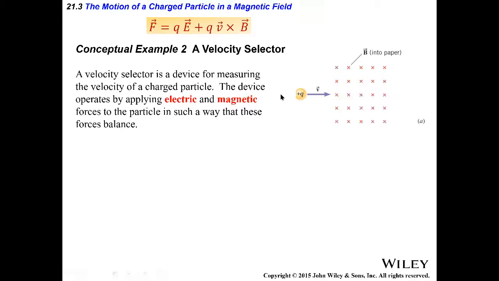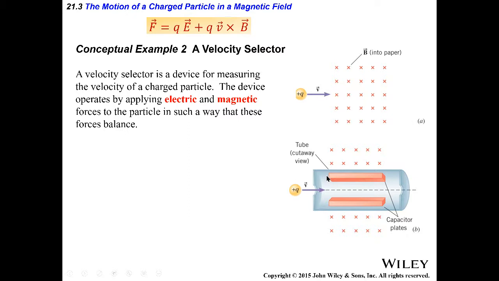And now they say, hey, can you do what they call a velocity selector? Can you put a capacitor, an external electric field, so that the force on this thing is unchanged? Namely, it just goes straight through. It does not get kicked out, because this one says the force will be up and out, bye-bye.